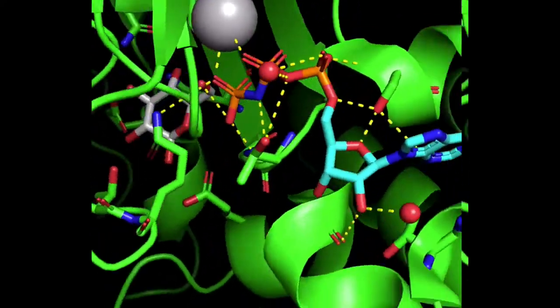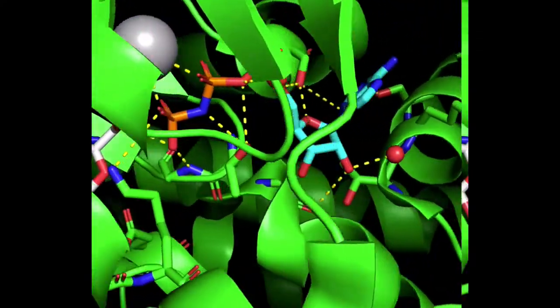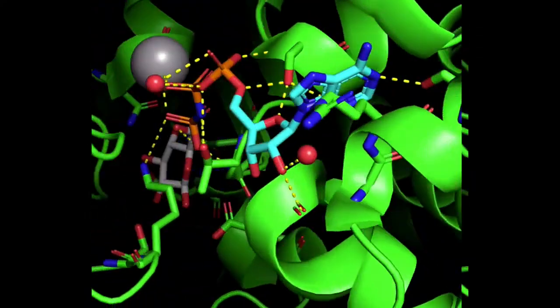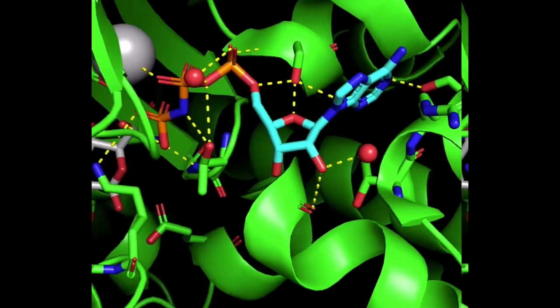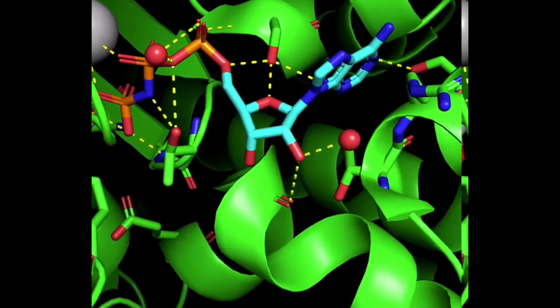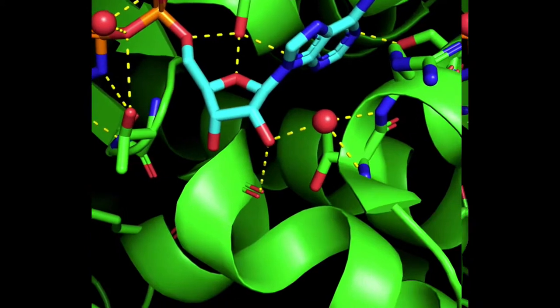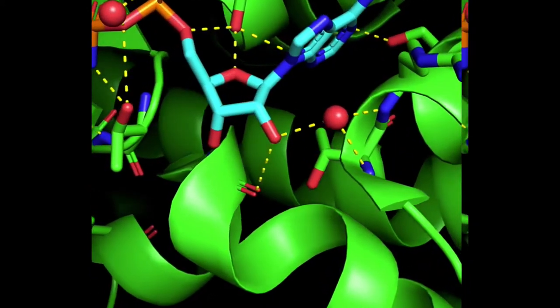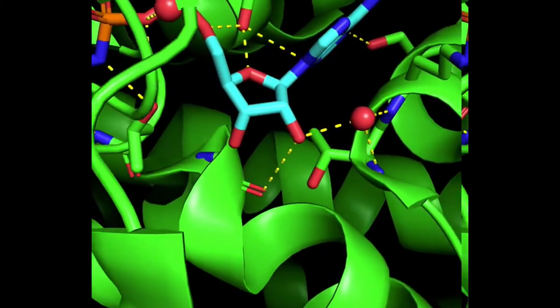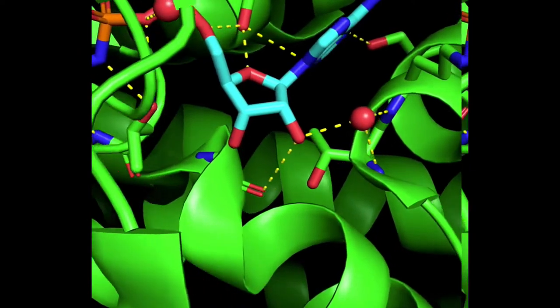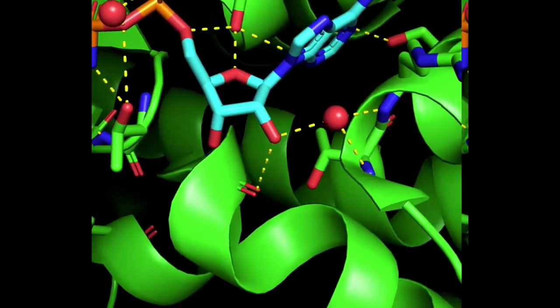Now here's ANP. It's also making hydrogen bonds to nearby amino acids. But here it's making a bond to a red sphere. That red sphere is a water molecule, and the water makes hydrogen bonds with the backbone of the enzyme.